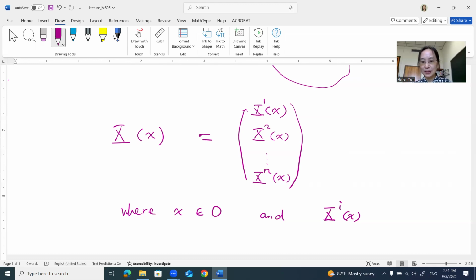For example, when i is 1, it is the capital X1. That's the first component of the image vector. When i is 2, that's the second component of the image vector, and so on. So we have up to n components for this image vector.